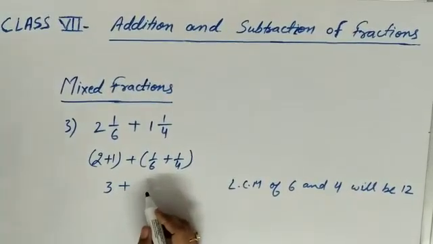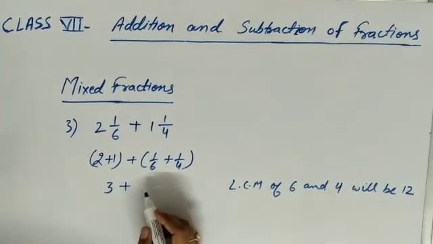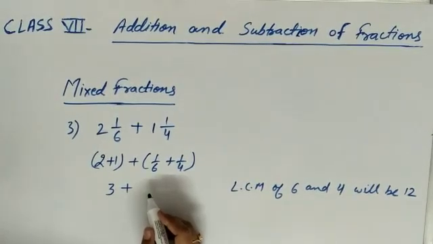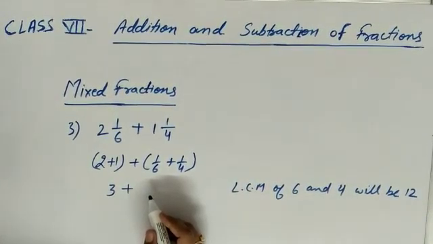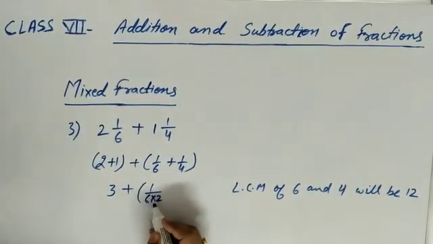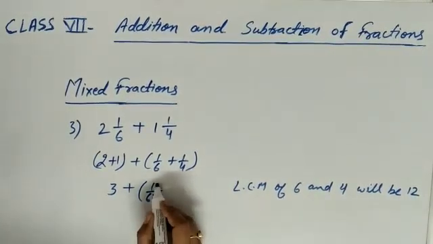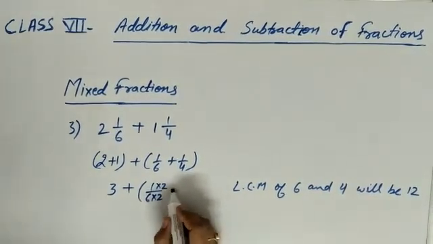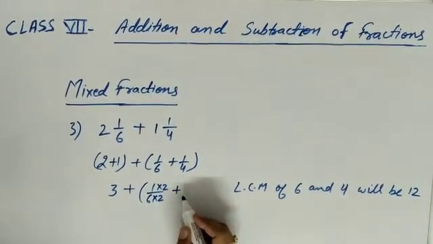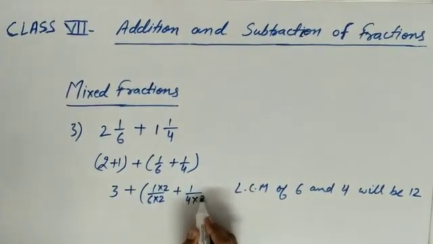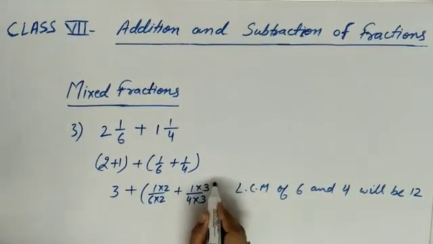To make 6 as 12, we multiply with 2 in the denominator, so we multiply with 2 in the numerator as well. For the next proper fraction, we multiply with 3 in the denominator, so we multiply with 3 in the numerator.